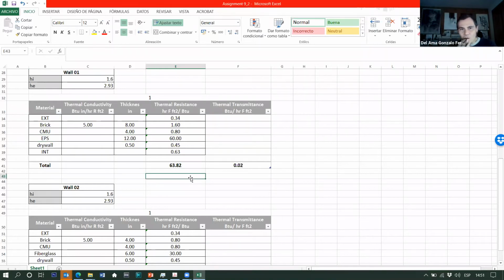So that's the goal of this course. You're still young, but you don't have experience, so that's why you have to do this many times. In this course, we will calculate hundreds or thousands of walls and roofs, with different materials, and you have to work with this Excel file.